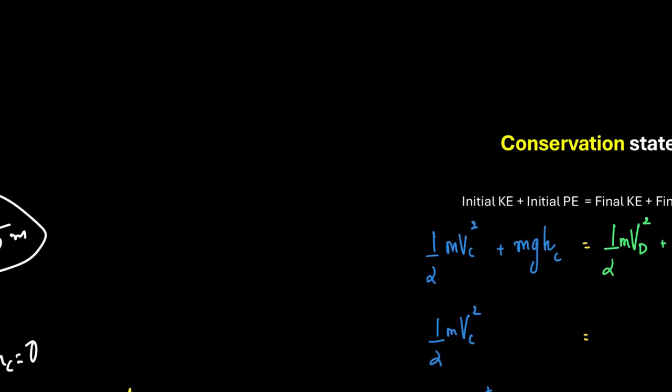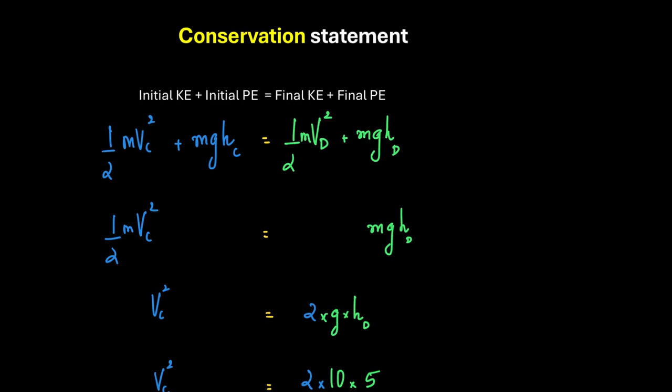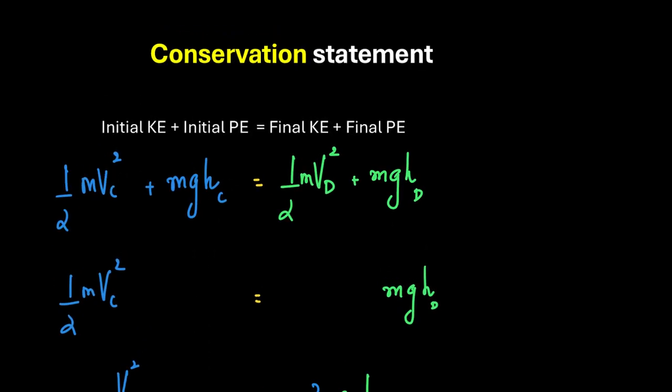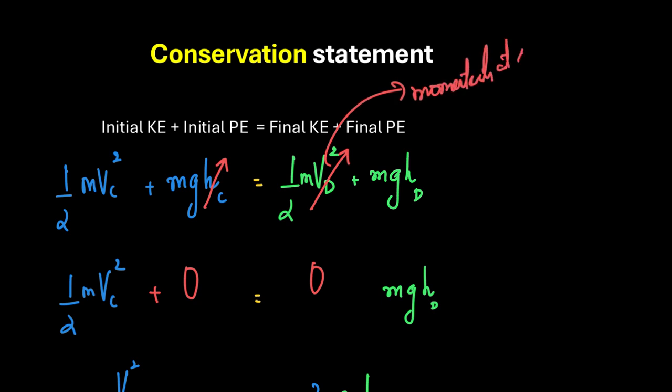Right? So, if we apply the conservation of mechanical energy statement here, initial kinetic energy half m VC squared, initial potential energy m g HC is equal to half m VD squared plus m g HD. What is HC? It is 0. What is VD? VD is 0, therefore VD squared is also 0. Why is it 0? Because the ball is momentarily at rest.